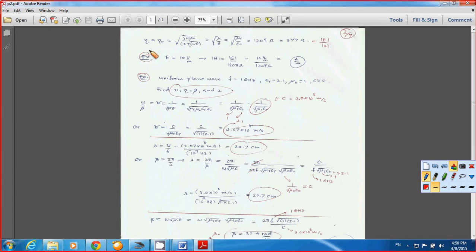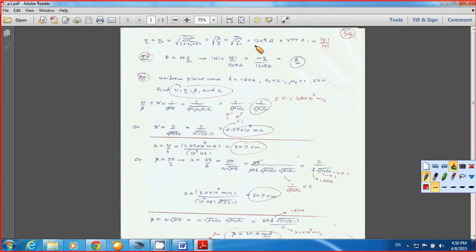Now take a look at the intrinsic impedance. When your sigma equals 0, you end up with eta equal to the square root of mu over epsilon, which equals the square root of mu 0 divided by epsilon 0. You do the same thing, plug in the numbers for mu 0 and epsilon 0.